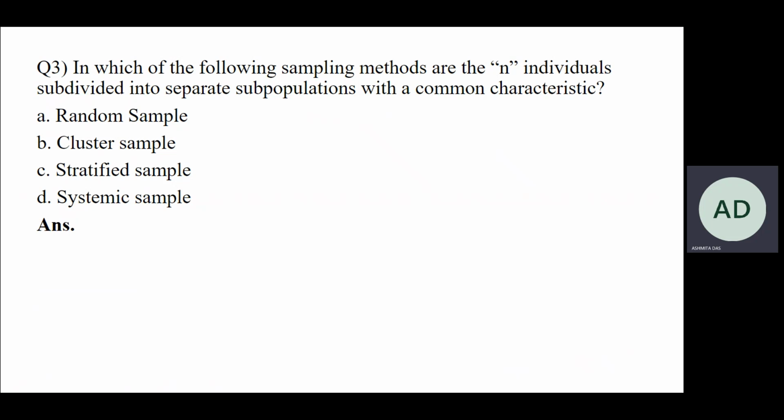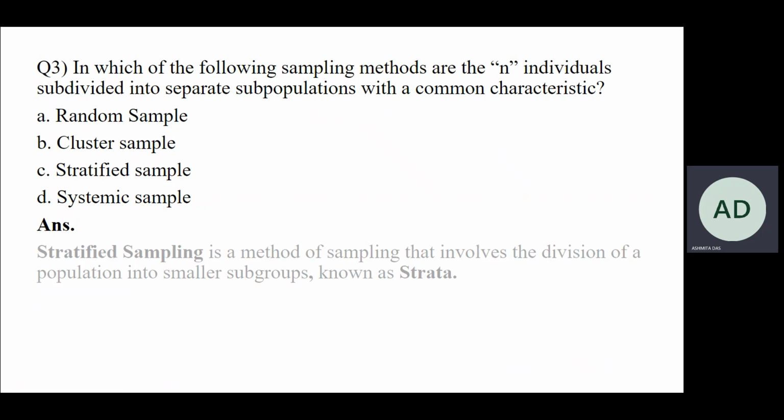The third one is stratified sampling. In stratified sampling, again we divide the people into different subpopulations, but in this case we follow a common characteristic. And the fourth one is systemic sampling. In systemic sampling we just select a person based on a certain system.